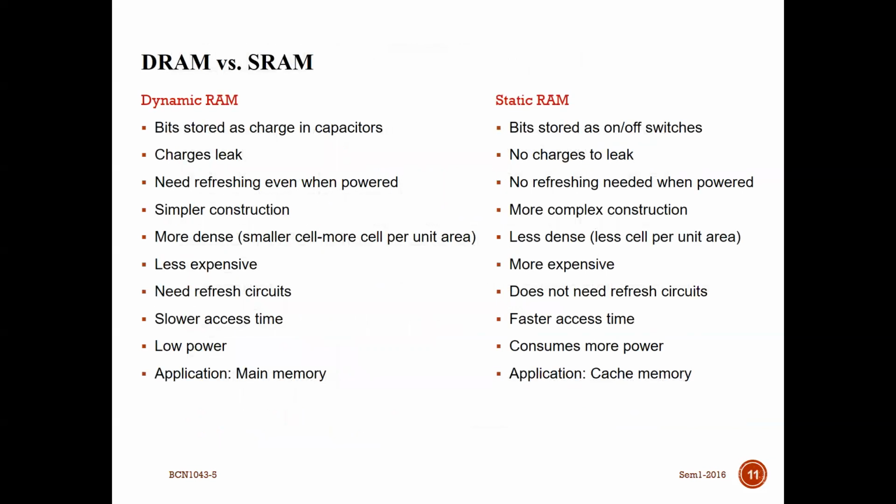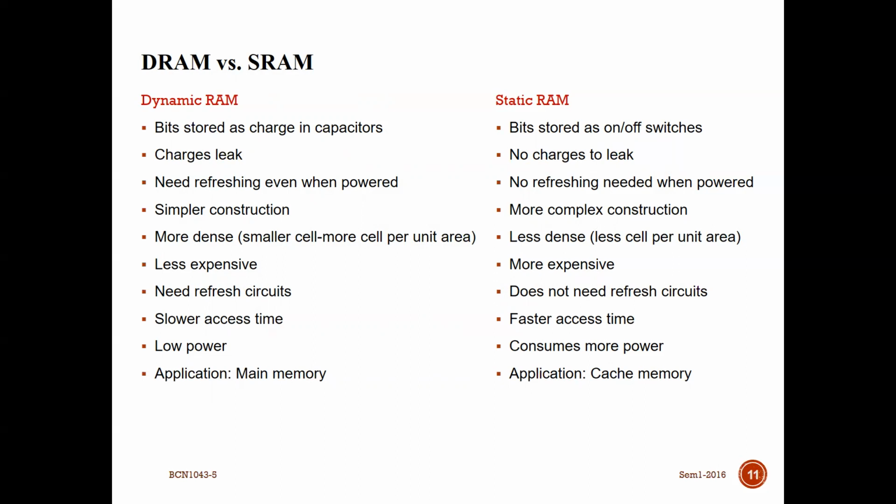This is an example comparing dynamic RAM versus static RAM. As you can see, dynamic RAM bits store charge in a capacitor, while static RAM bits are stored in on-off switches. Dynamic RAM is less expensive, while static RAM is more expensive. Dynamic RAM has slower access time, static has faster access time.